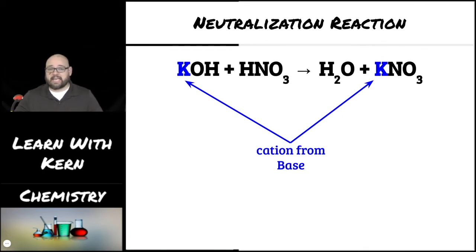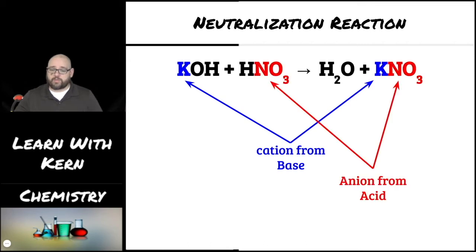And then it has the anion of the acid. So nitrate is the anion of our nitric acid, and that is what forms together to form our salt.